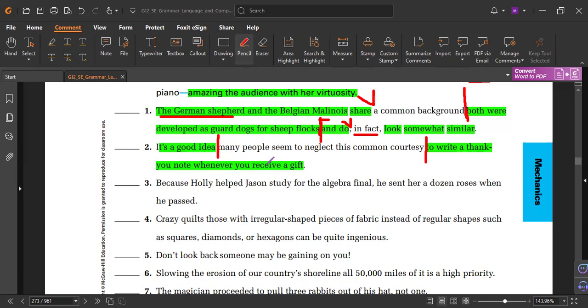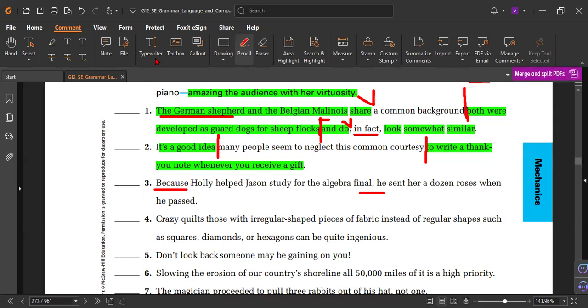Well, number 3, do we need any dash or something? No, we don't. And what is the purpose of this comma? Because of the subordinating conjunction at the beginning.